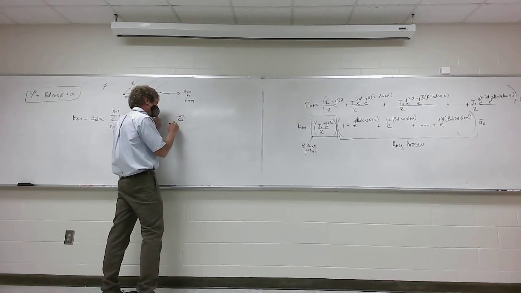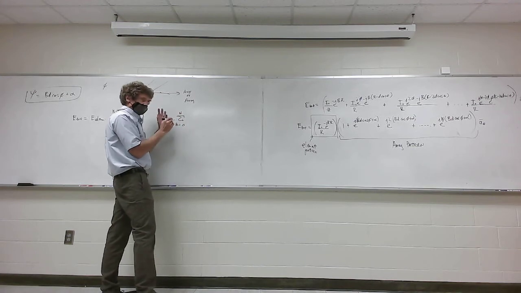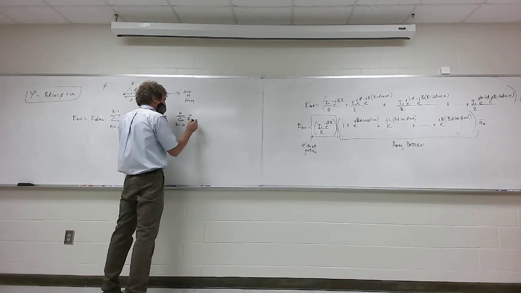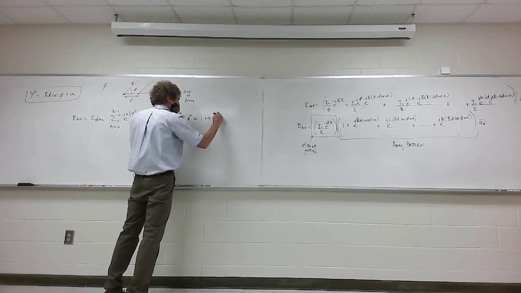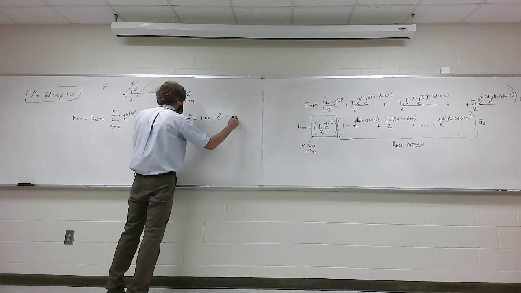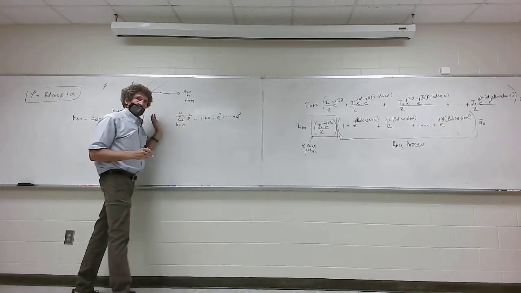And when you had a series back when you took mathematics courses, and you had the sum for n equal from 0 to n, I'm just going to use n here, of a to the n, that equals 1 plus a squared plus blah, blah, blah, plus a to the n. You all remember that?